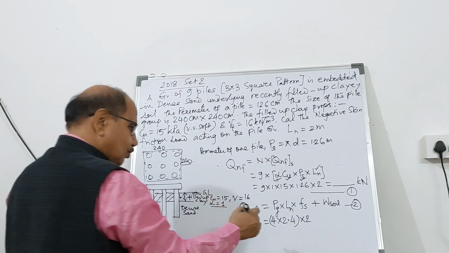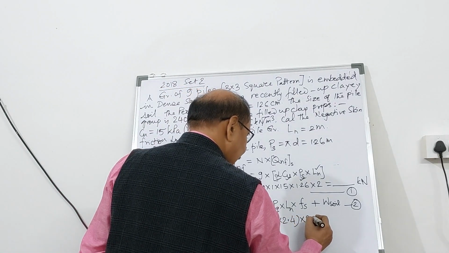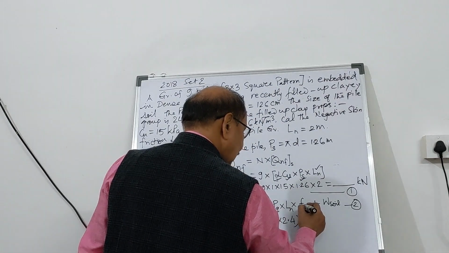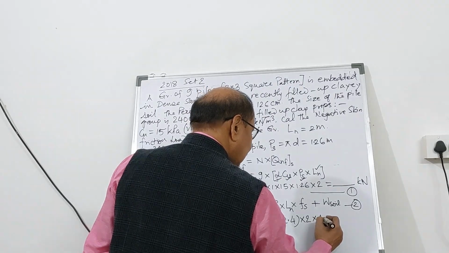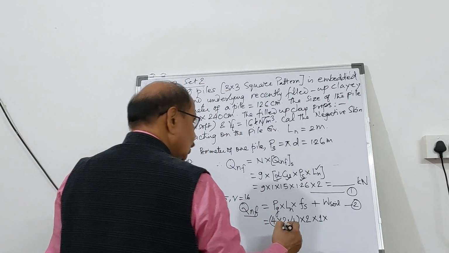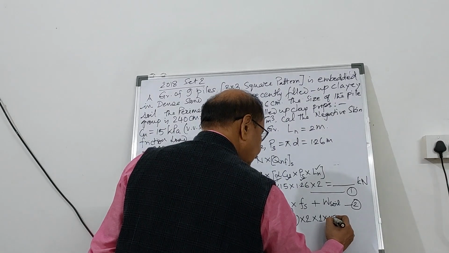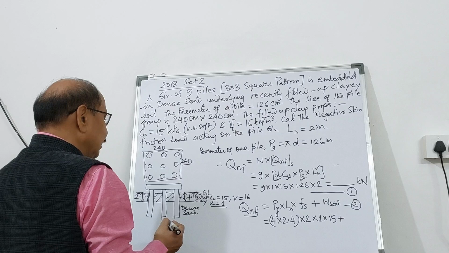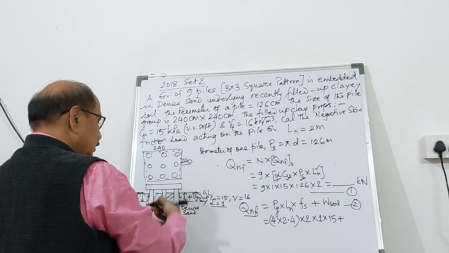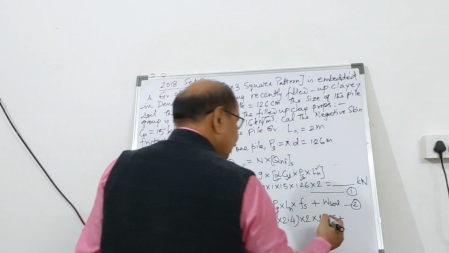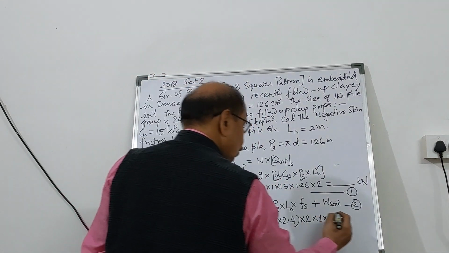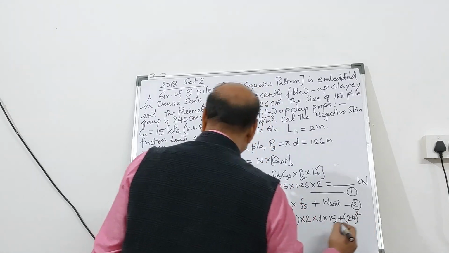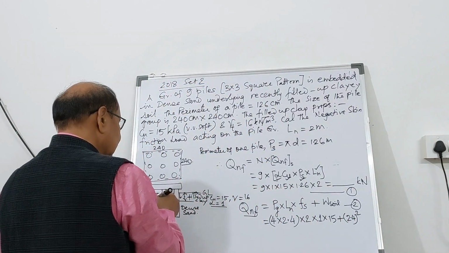So the downward force will be acting over this multiplied by, this will be alpha times Cu, that is 15, plus the weight of the soil. You can calculate it, the weight of the soil, which is confined between, it is a square pattern. So 2.4 by 2.4, it will be 2.4 square, isn't it?